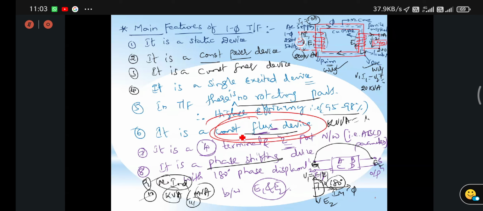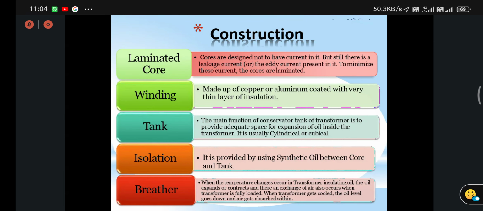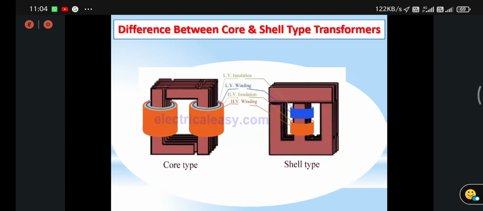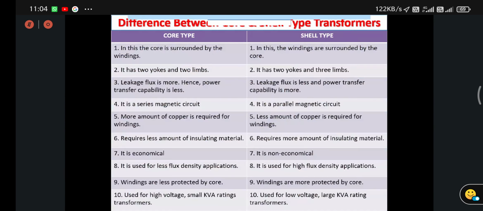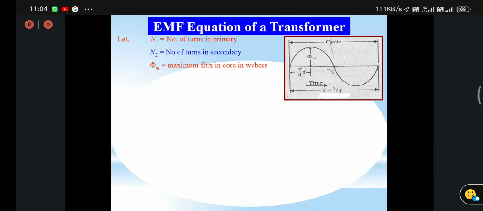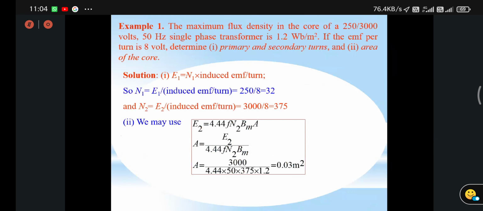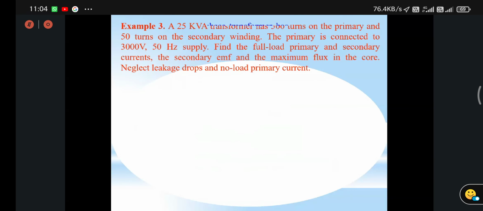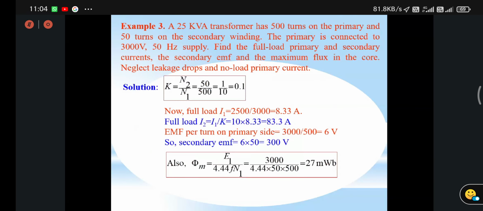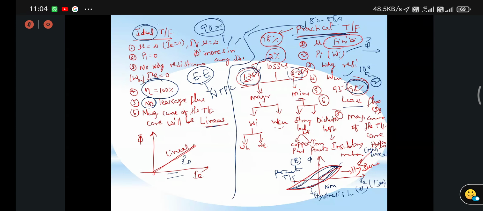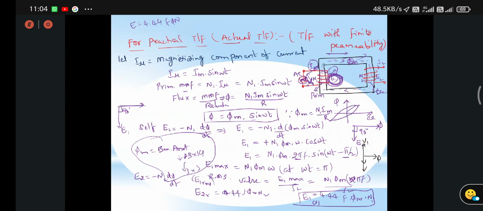This is the reason behind that. Have you understood this point, dear students?